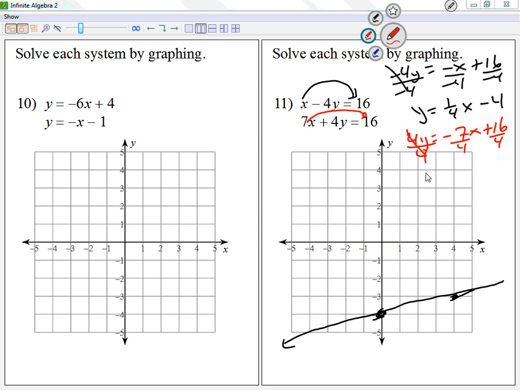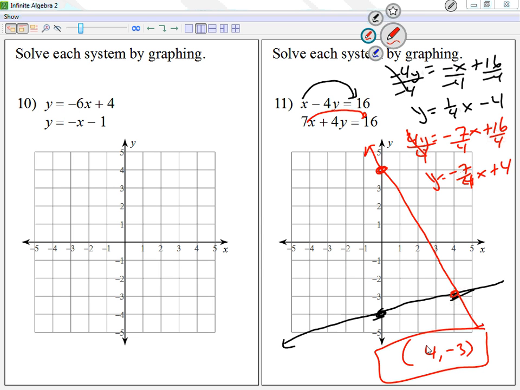So we're going to get y equals negative 7 over 4 x plus 4. So I start at positive 4. I go down 7 over 4. I connect my points. And my point of intersection in this case is 4, negative 3.